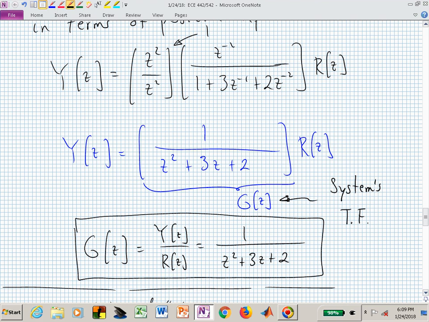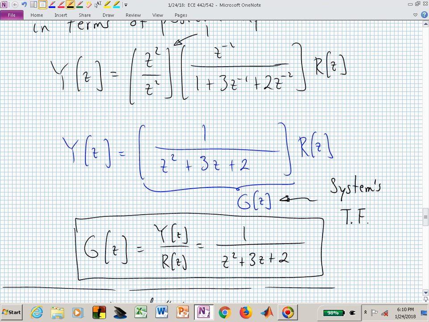So now the question was, do you ever want to have signals in the numerator or denominator of that transfer function? If it's a transfer function, the answer is no. We don't want any other signals. We just want polynomials of z. So we don't want to see an e in there where e might be a signal.